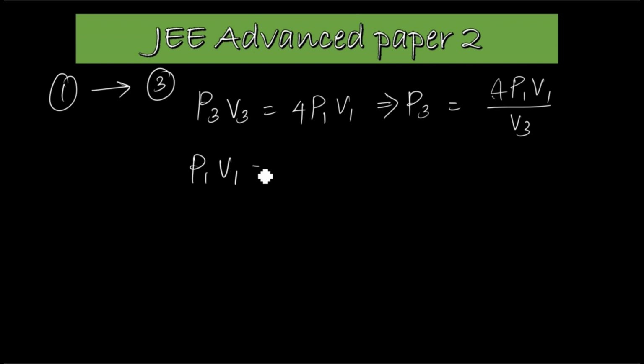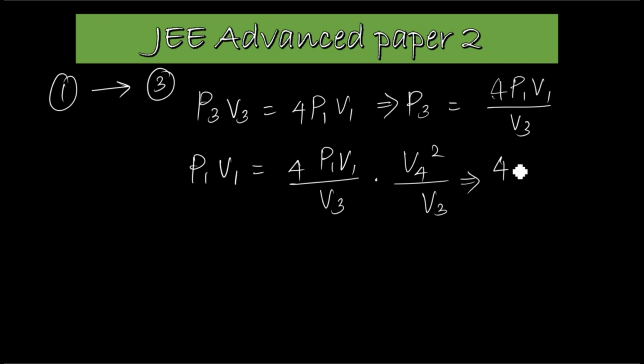While doing that, P1 V1 V3 into V4 square by V3 will give you 4 P1 V1 V4 square by V3 square, right? Okay.